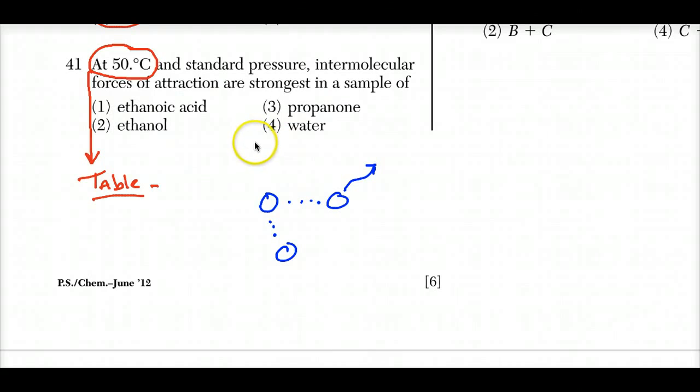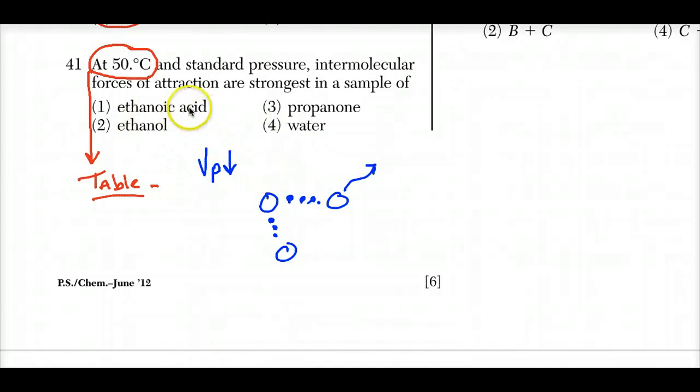Who has the lowest vapor pressure? The vapor pressure would be lower because you are holding on to each other stronger. So if these forces of attraction are greater, you're going to have fewer molecules escaping from each other.